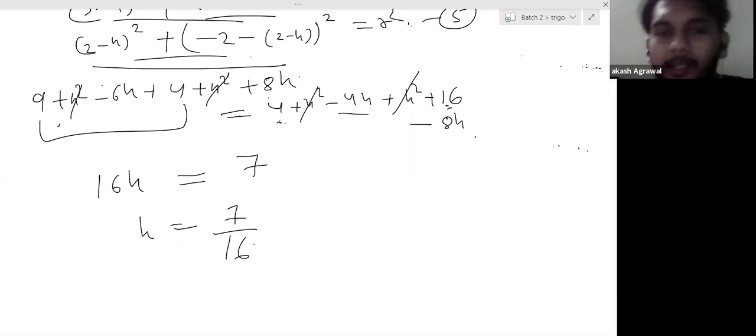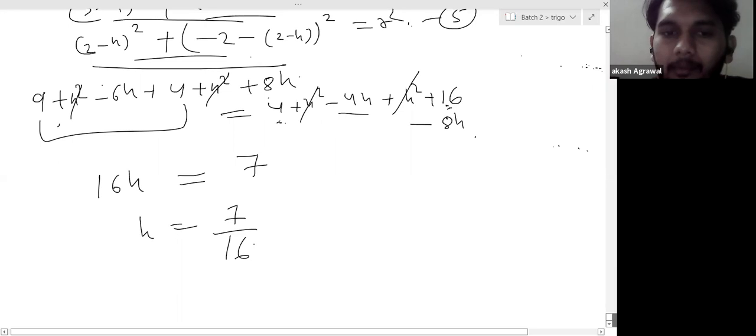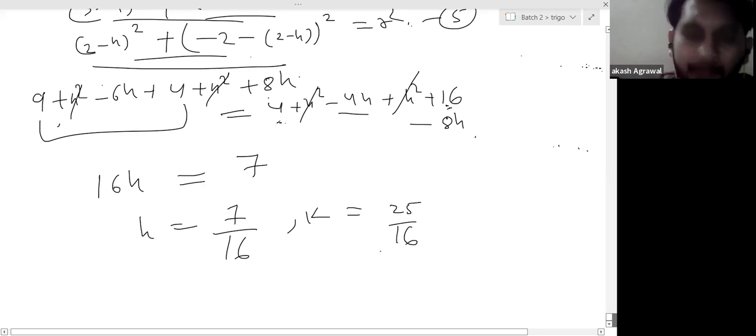All right. So if you get h, you'll get the value of k. k will be 2 minus h, right? 32 minus 7 by 16. All right. Raman, is this clear?